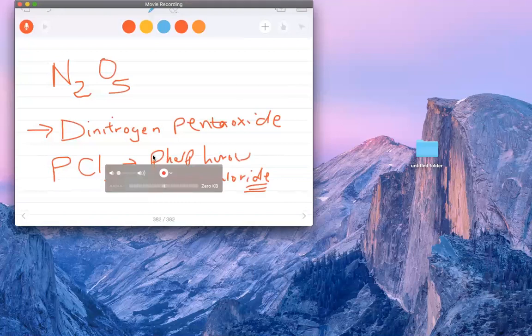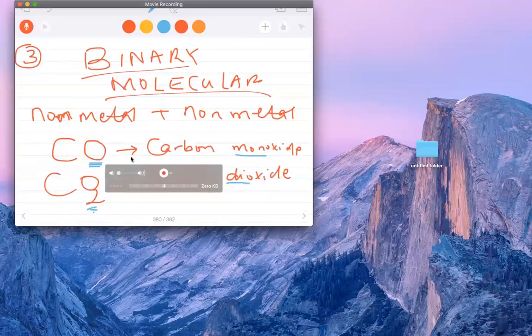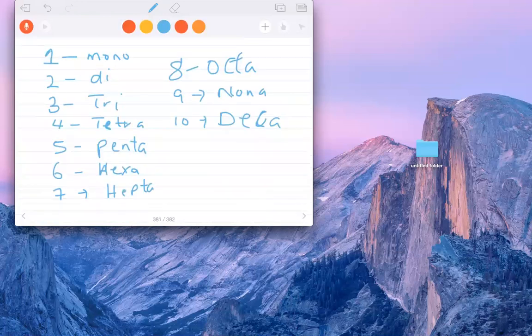In other words, you cannot say monophosphorus pentachloride or mononitrogen or monocarbon monoxide. We don't use mono for the first element. We always use the prefix for the second element, which indicates how many atoms you have. So the task is memorizing these prefixes and learning the systematic way of naming the compound.